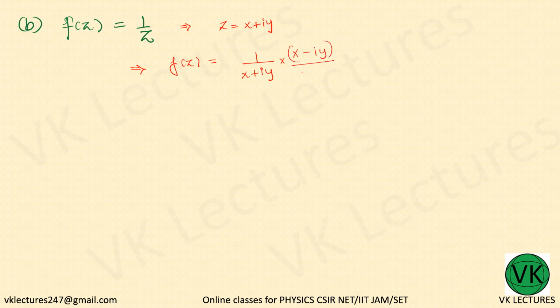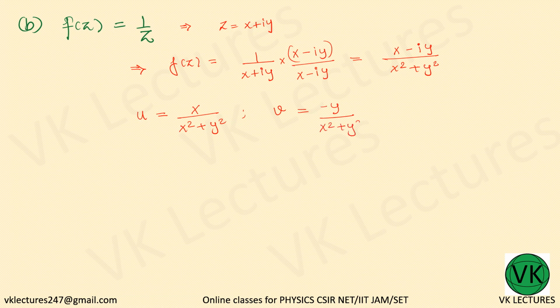In the denominator you will get x square plus y square, and in the numerator we have x minus iy. So u, the real part, is equal to x divided by x square plus y square. Similarly, the imaginary part v is equal to minus y divided by x square plus y square.